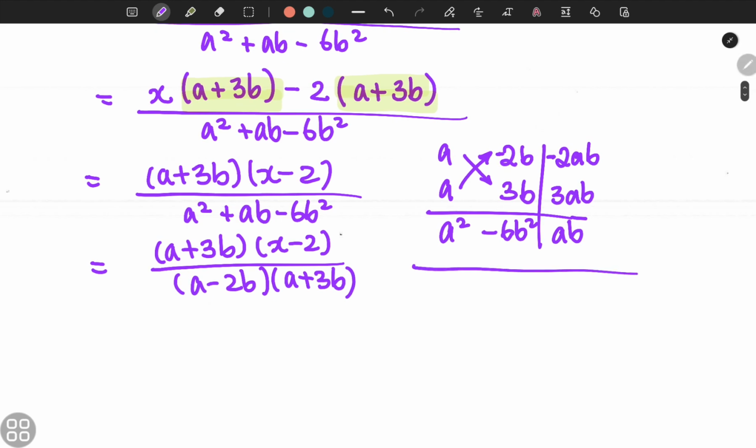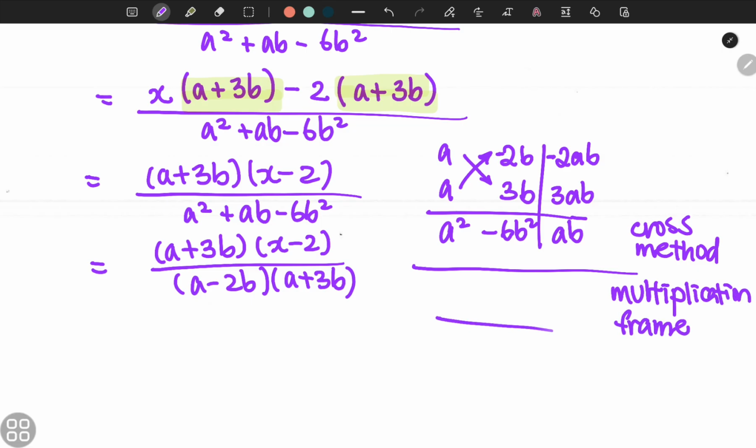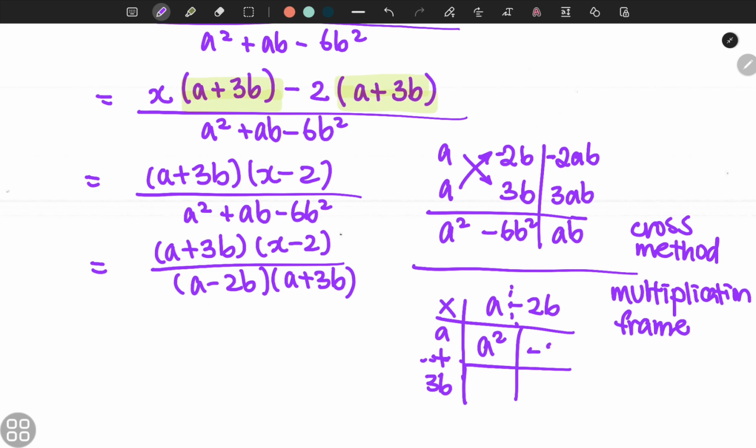Oh yes, other than this cross method, there is also something called the multiplication frame. So this here is the cross method. Multiplication frame looks like this instead, but it's basically the same thing. So it will look like this, multiply, so I have a minus 2b, I have a plus 3b. A times a gives me a squared. Negative 2b times a gives me negative 2ab. So this times this gives me this.